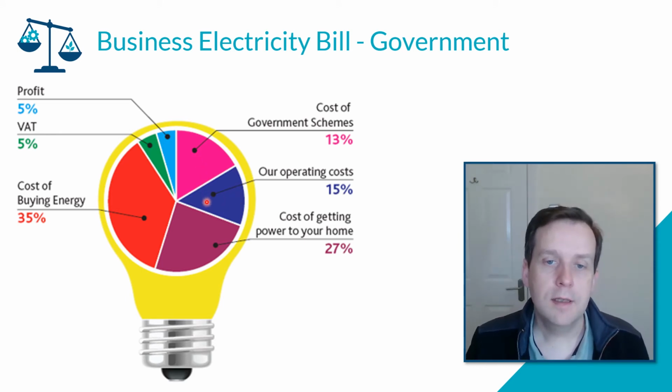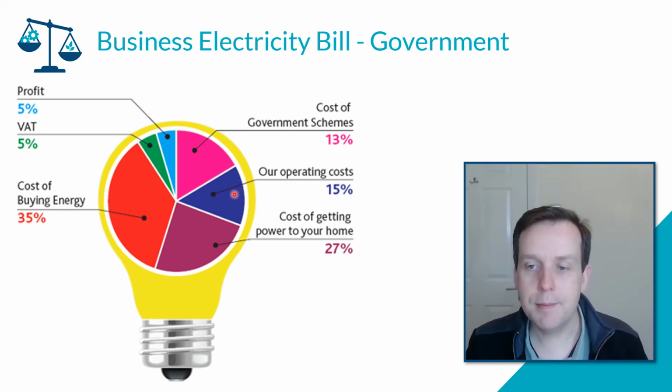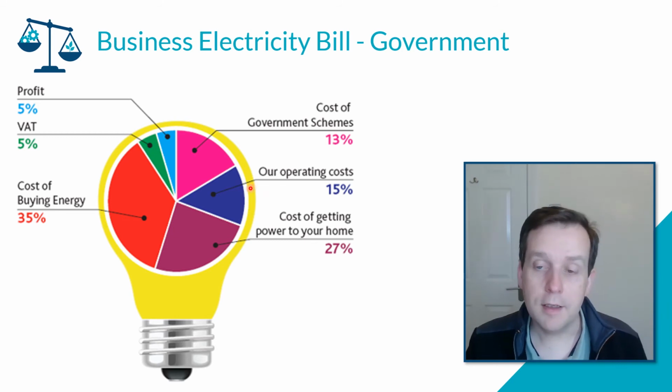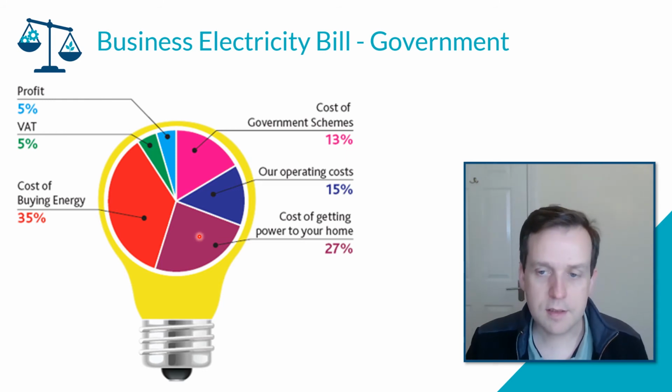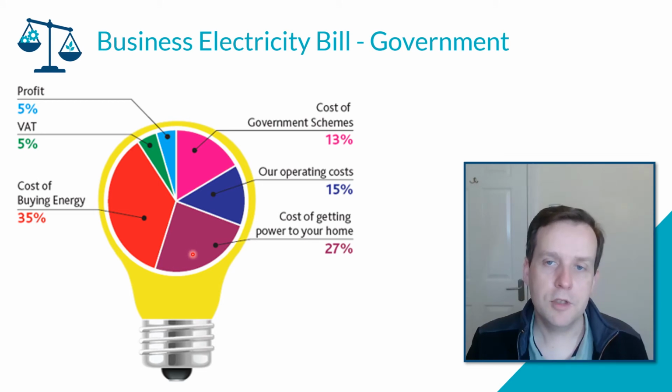Operating costs, that is the cost of running the businesses or the billing businesses. So in the UK you can get your electricity from npower or any business. That's their operating costs. And then this 27% is the cost of the distribution system of use charges and the transmission system of use charges.